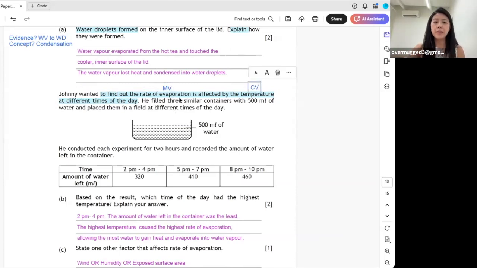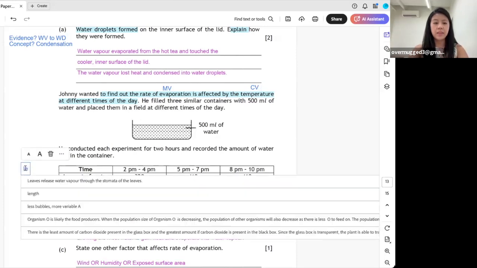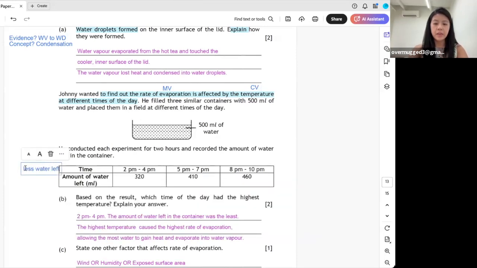He filled the containers with 500 ml of water, placed them in the field at different times of the day, conducted each experiment for 2 hours, and recorded the amount of water left in the container. So you need to be able to draw the link. Less water left means that more water evaporated, means that there was a higher ROE. ROE is rate of evaporation.